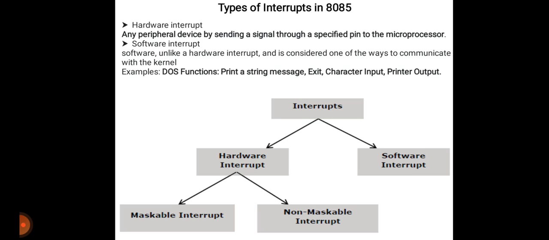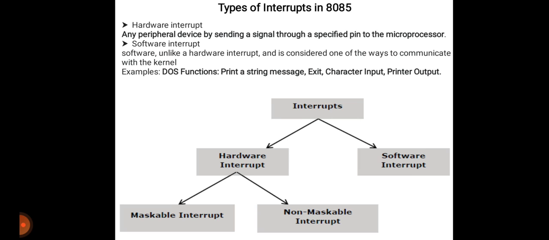When an interrupt occurs, the 8085 completes the instruction it is currently executing and transfers the program control to a subroutine that services the peripheral device. Upon completion of the service routine, the CPU returns to the main program. This type of interrupt in 8085, where CPU pins are used to receive interrupt requests, is called a hardware interrupt.